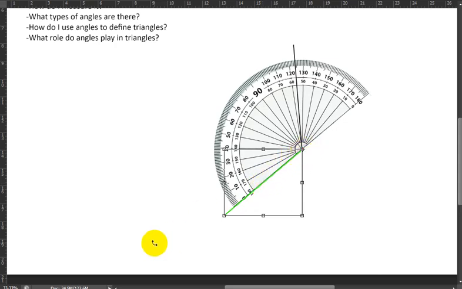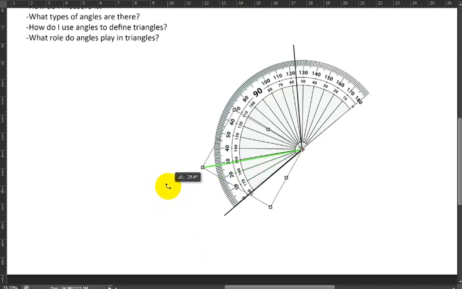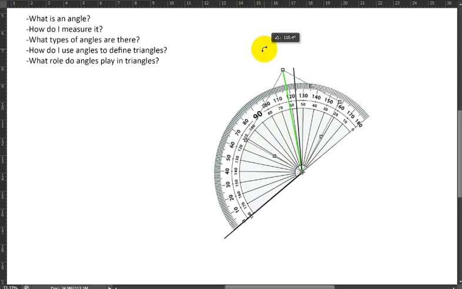And now what we want to measure is how many degrees it is to rotate from here, the beginning, 0, all the way to here. How many degrees is that? Well, let's see. We immediately see that we have 10, 20, 30, 40, 50, 60, 70, 80, 90. You could just go straight to the first number that's closest to it, but still behind it.